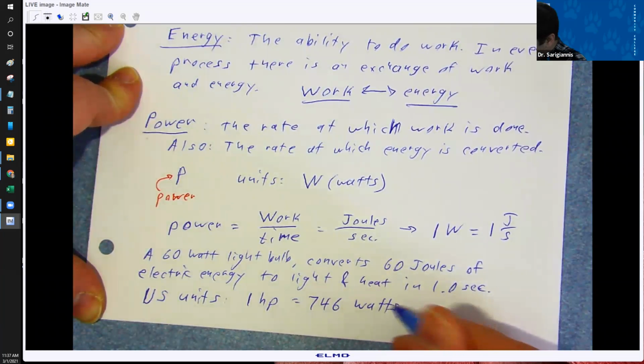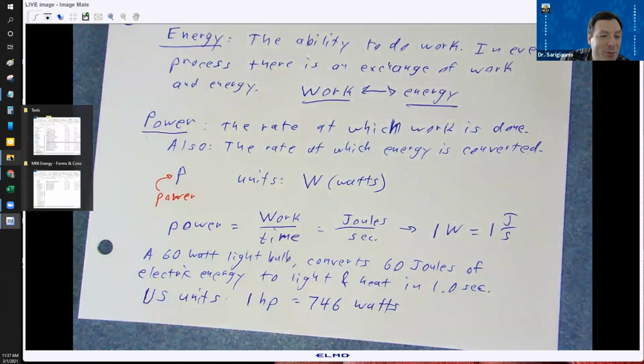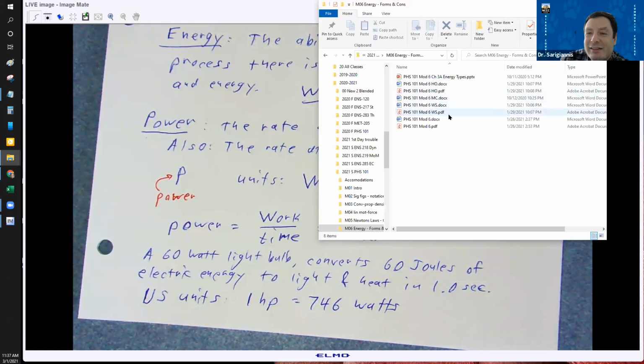All right, I want to do an example, but I didn't print out the form, so I'm going to do that right now. Let's see, Mod 6 worksheet. I'll go back to the notes in a minute.